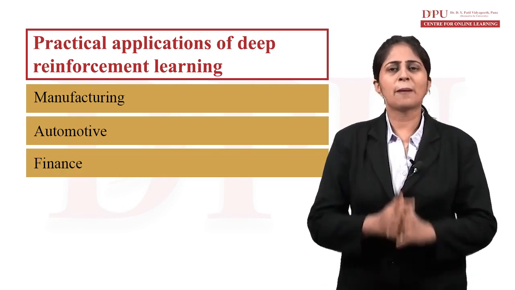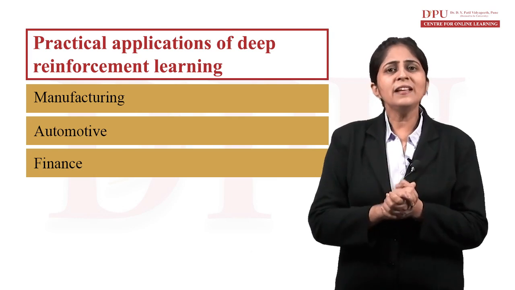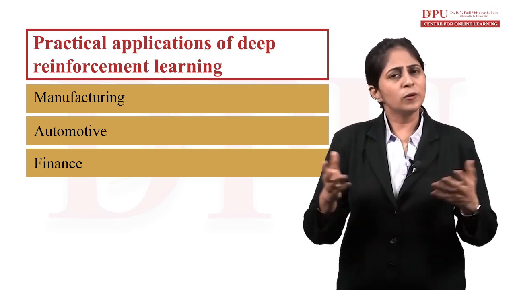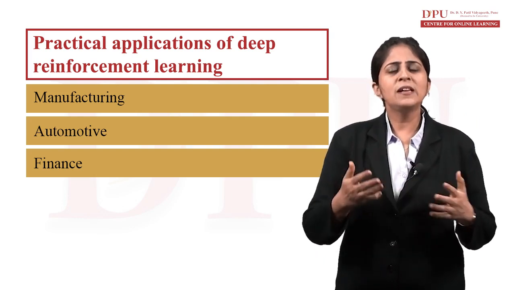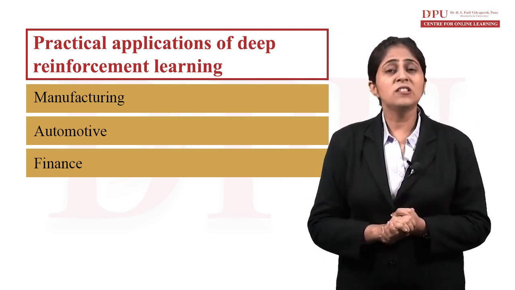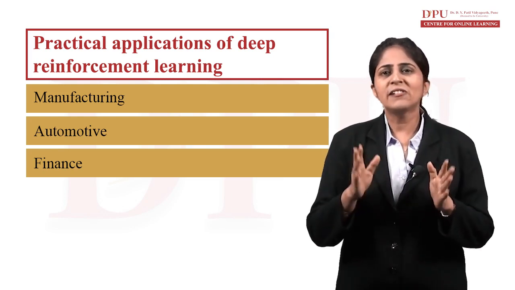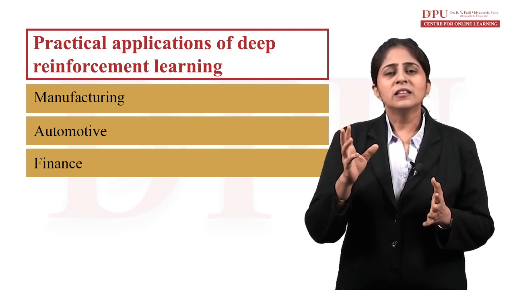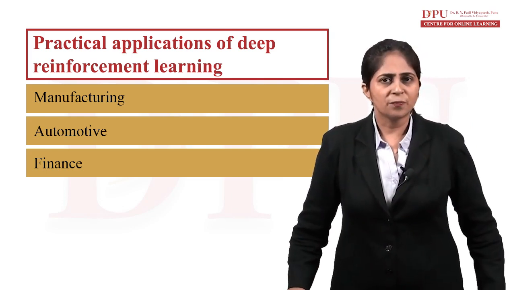Talking about the third application, which is in finance. Using artificial intelligence, which includes deep reinforcement learning, to be better investment managers than humans and to evaluate trading strategies. This is the core objective of the finance companies.